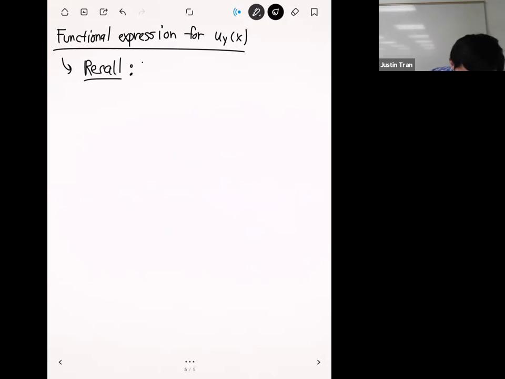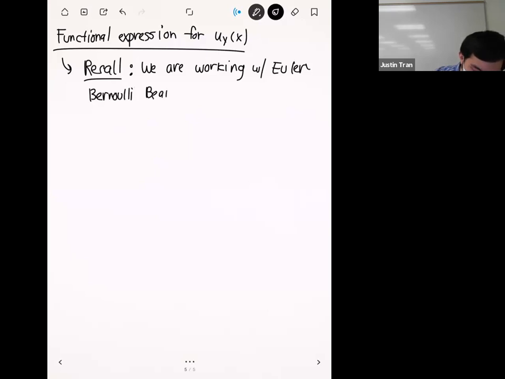Okay. And so the simplest form of the Euler-Bernoulli beam equation is the following.